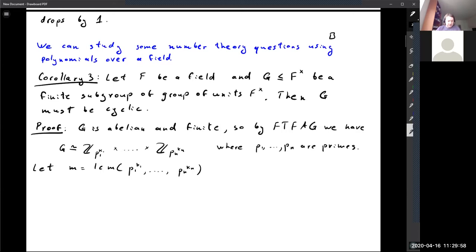Let's make it the first bullet. For all elements a_i which belong to the cyclic group Z sub p_i to the k_i, we have that a_i raised to the power p_i to the k_i must be 1.